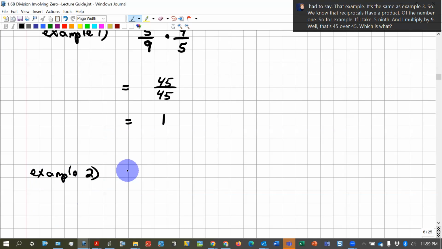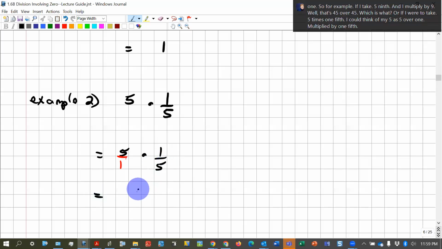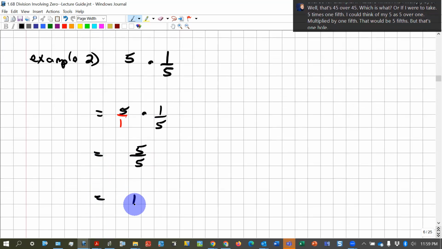Or if I were to take 5 times 1/5, I could think of my 5 as 5/1 multiplied by 1/5. That would be 5/5, but that's 1 whole unit.